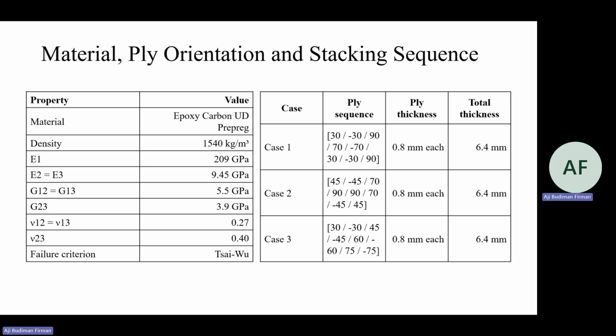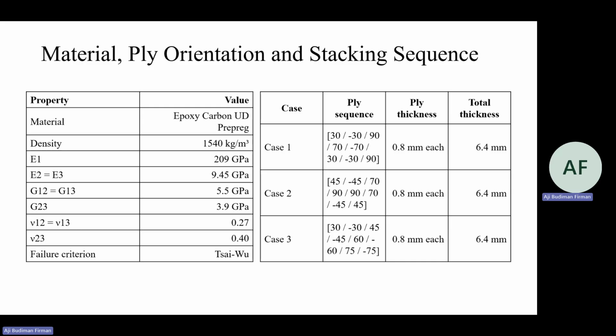Since the composite behavior depends strongly on the material direction, the material properties and laminate sequence were defined in ANSYS ACP. The material used in the study is epoxy carbon unidirectional prepreg, which is an orthotropic composite material, and its stiffness is much higher in the fiber direction, with E1 around 200 GPa, while E2 is only 10 GPa.